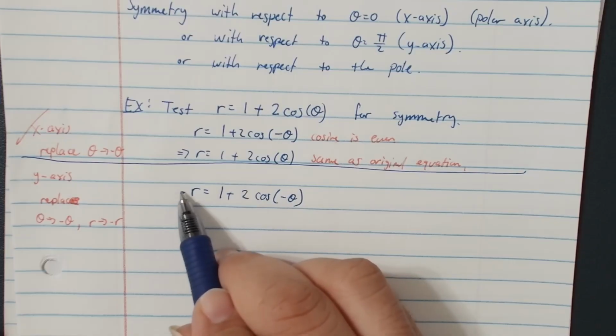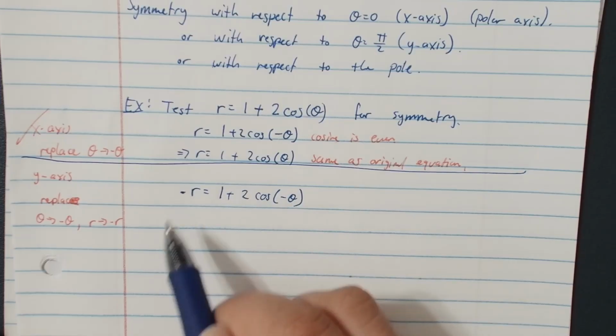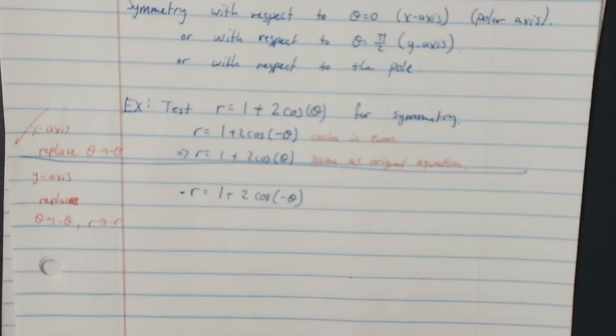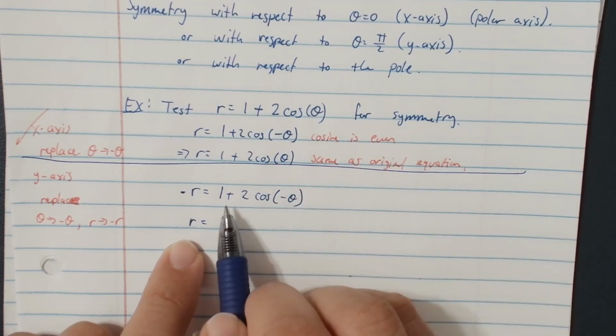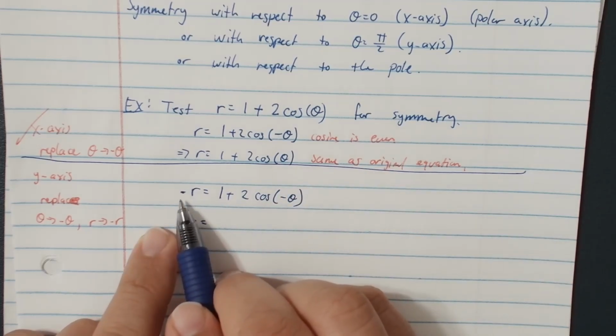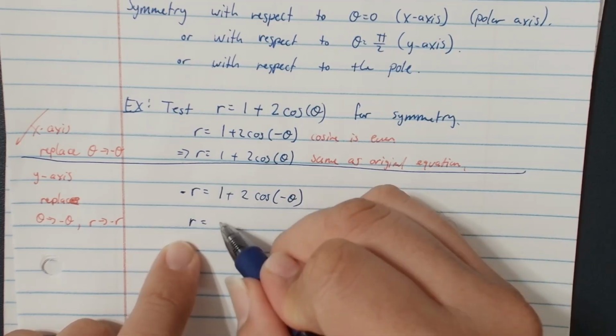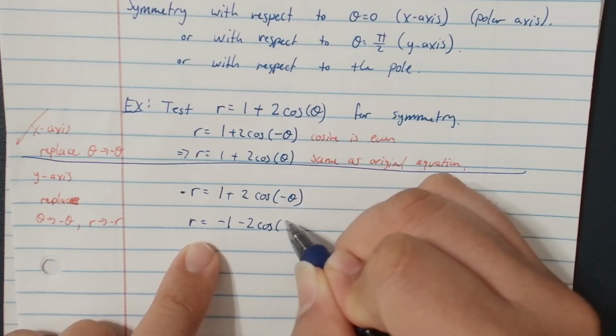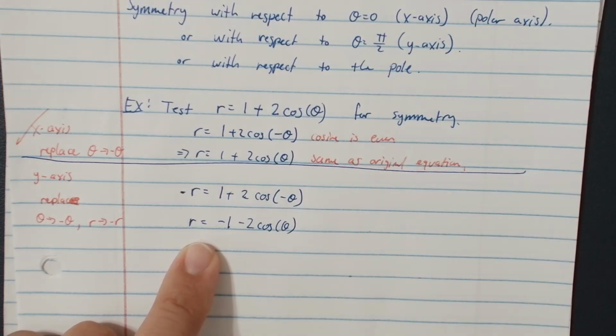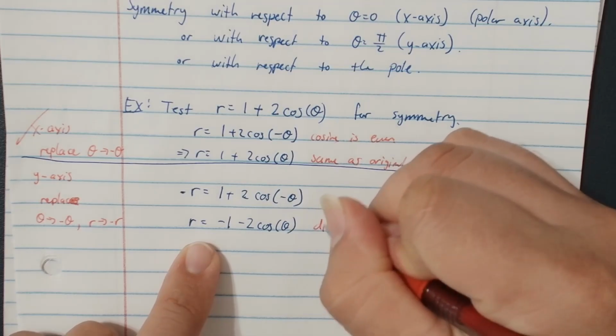It's negating the entire expression. So we multiply both sides by -1. That gets rid of the negative, giving you r. But if I multiply by -1 on both sides, that makes this 1 into a negative, and that makes this 2 into a negative. And this is not the same as the original equation.